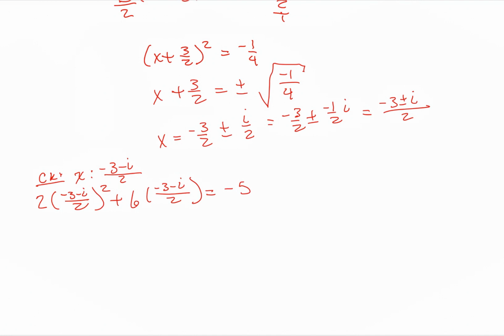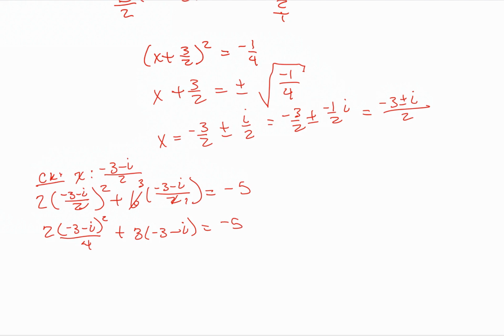So now I'm going to do, it's legal, but I'm going to square the denominator before I multiply out the numerator. So I have 2 times (negative 3 minus i) squared over 4 plus, and this 6 cancels with this and leaves a 3. And so I have 3 times (negative 3 minus i) equals negative 5.